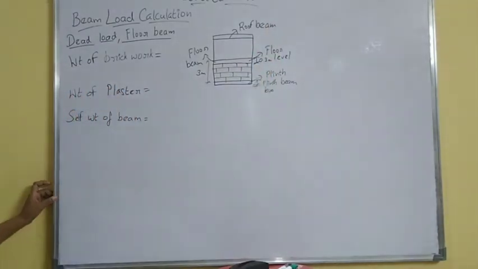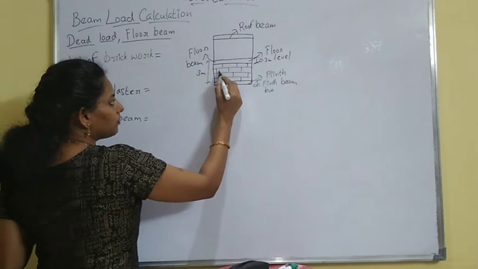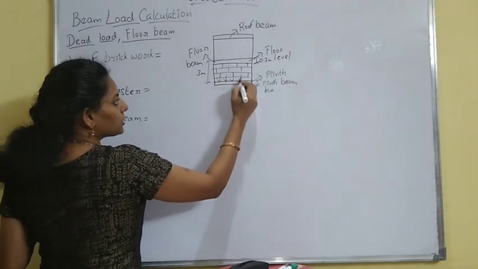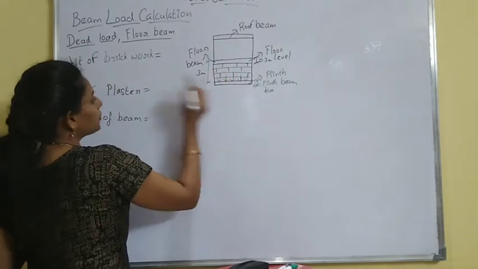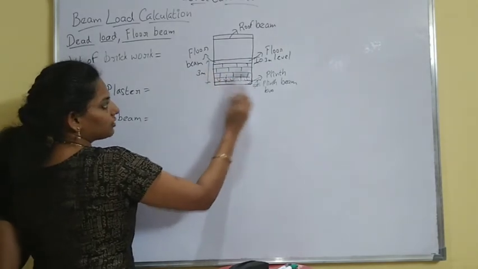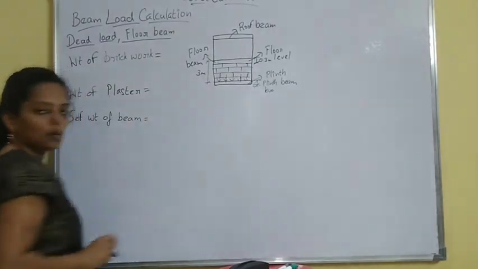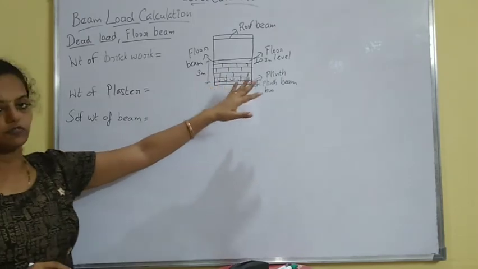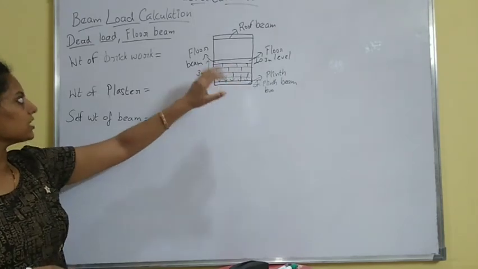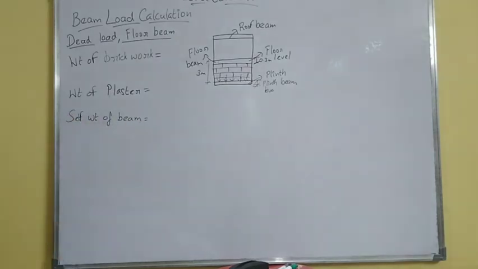While considering the plinth beam, the weight will only be the superstructure or brickwork load, and you will put plastering inside and outside. For the plinth beam you consider three loads: weight of brickwork, weight of plaster and self weight of the beam.